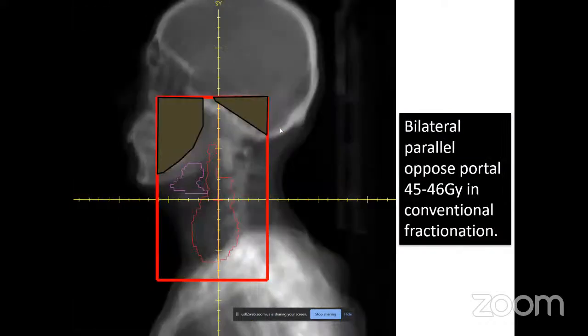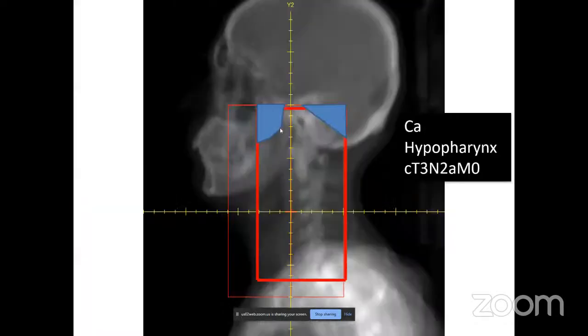Usually we treat with a bilateral parallel opposed portal, and we go up to 45 to 46 gray in conventional fractionation. For spinal cord tolerance, we cannot go beyond 45-46 gray with this kind of bilateral parallel opposed portal.